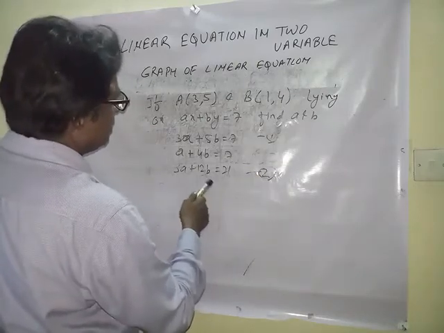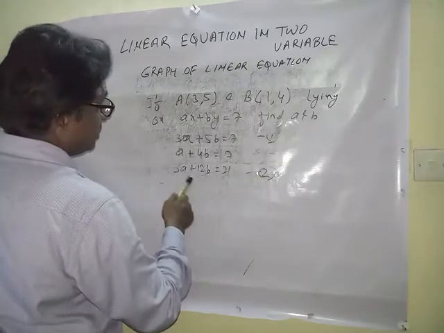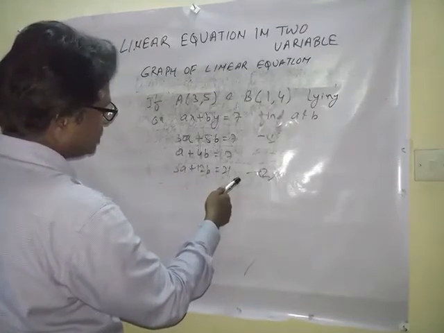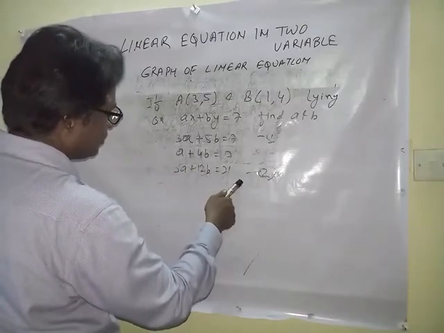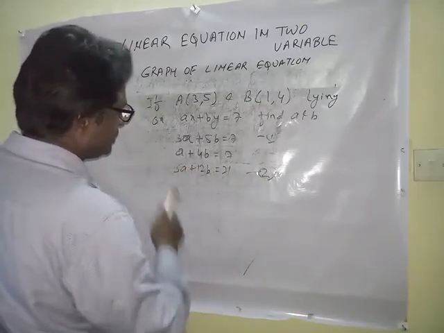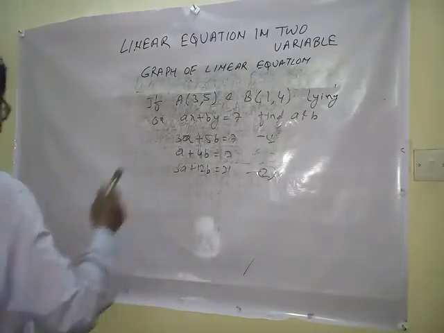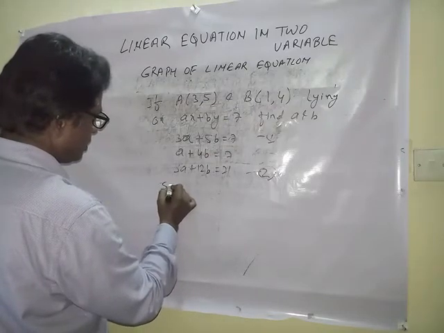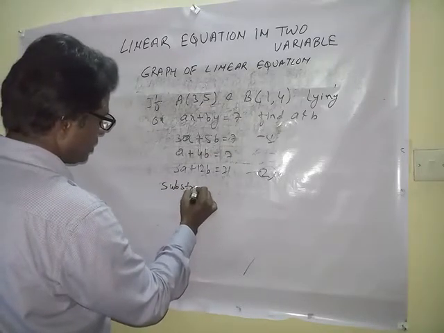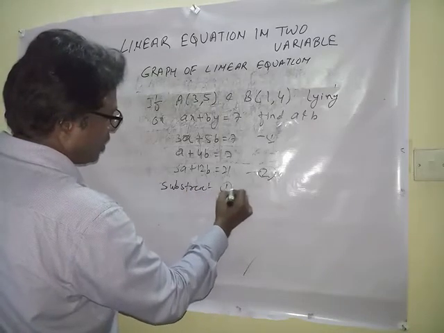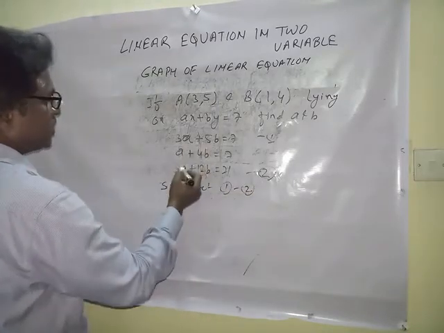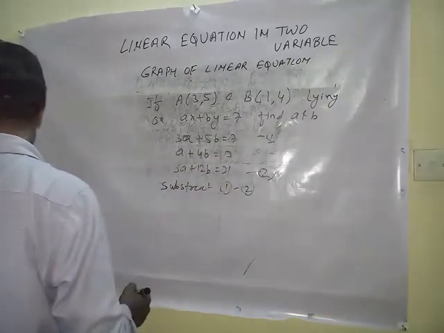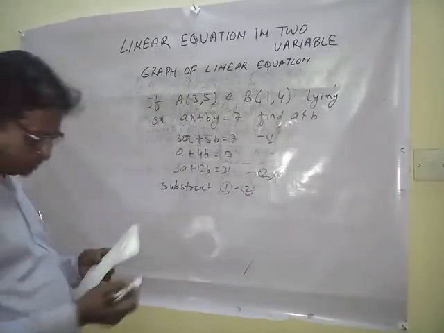Because in an algebraic linear equation with 2 variables, you can multiply both sides with the same value, divide both sides with the same value, subtract both sides with the same value, and add both sides with the same value. So here we did multiplication. Now subtract 1 minus 2. Because 3a is common, one term will cancel off and you will get the value of b. So that is how it is.